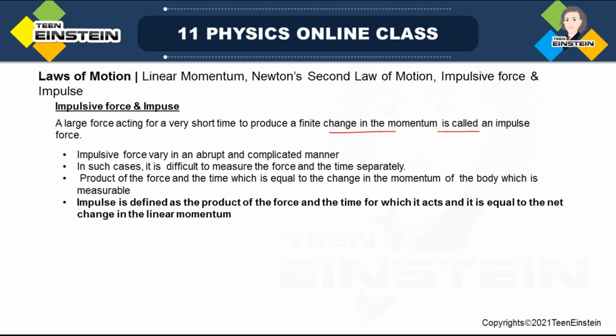Very, very short, a fraction of a second. That kind of force is called impulsive force. Similarly, when a footballer takes a long shot, the duration of contact between the leg and the ball is very, very small. There can be many such examples.